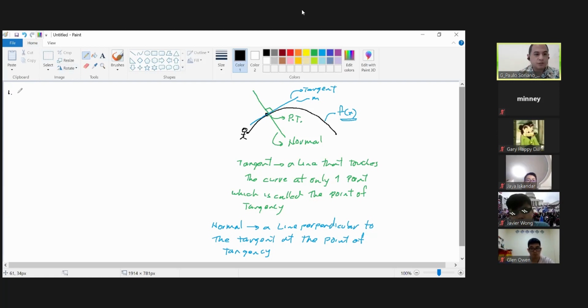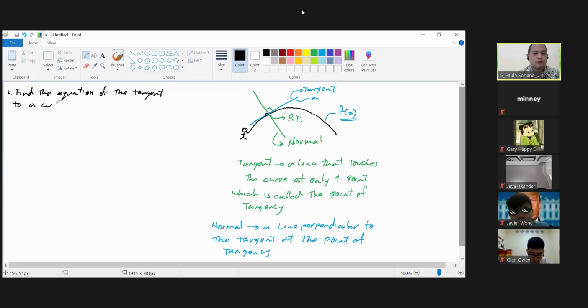Find the equation of the tangent to a curve y equal to the square root of 2x plus 1 at the point A, 4, 3.